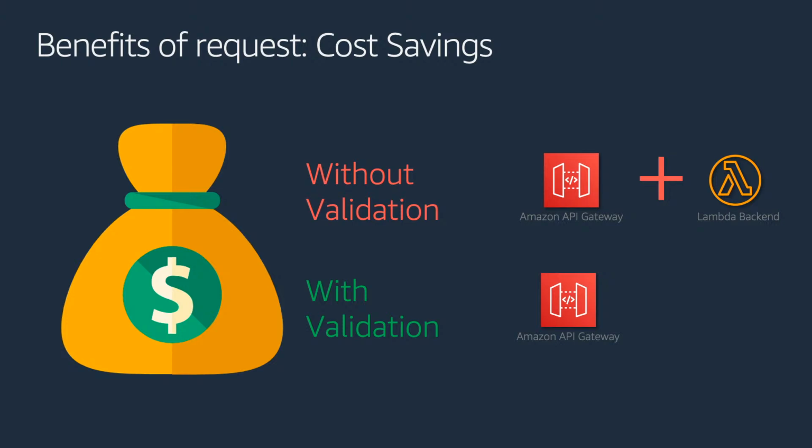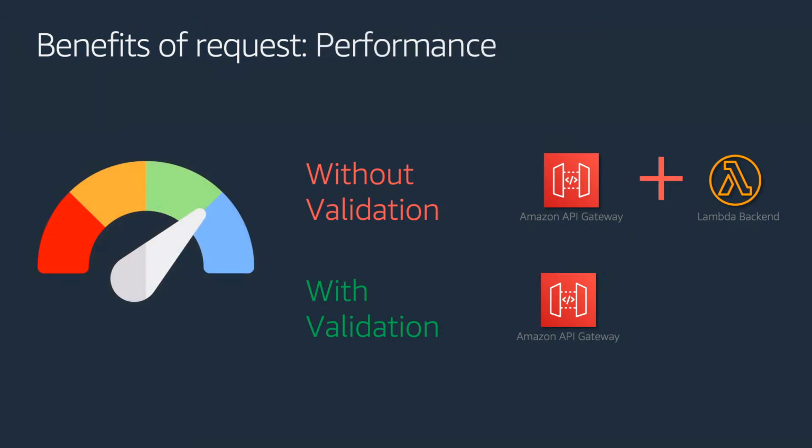If we transpose it as a performance benefit, since your backends have been released from performing all those unwanted requests, you have more capacity available to perform other activities. So the performance of your application also increases by stopping unwanted requests at API Gateway itself. So you have multiple benefits of doing request validation at your API Gateway.